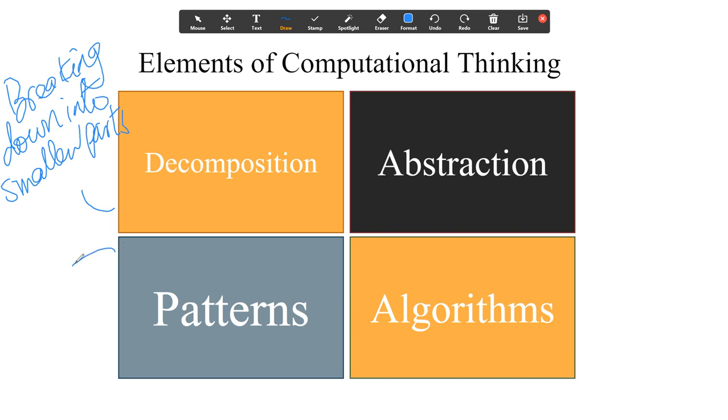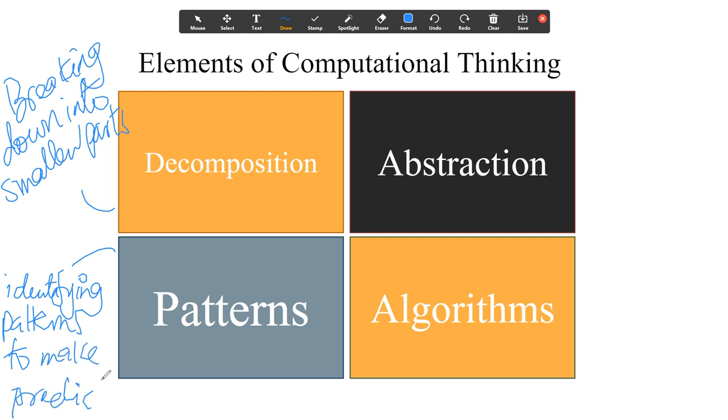Well, pattern identification is all about identifying patterns so that we can make predictions. A bit like what weathermen do. Weathermen have studied patterns in weather. And because they've studied those patterns, they can now make predictions of future weather, make future weather forecasts.